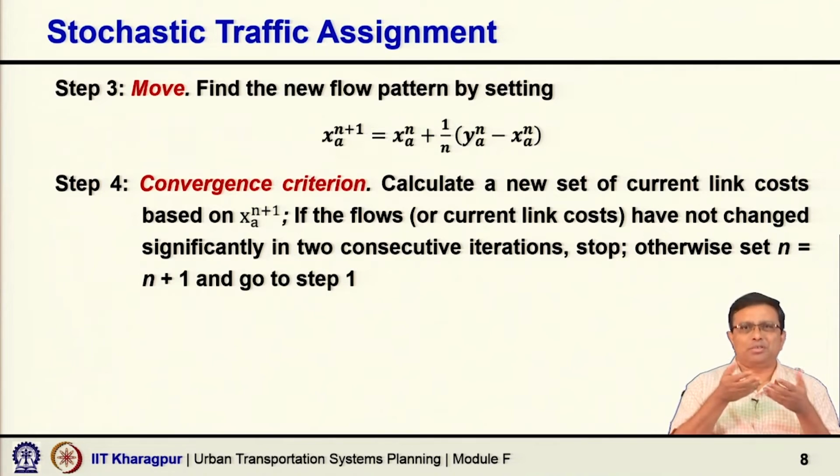So, you set a limit, what is acceptable error, and when the maximum change in the path flow is less than your permissible limit, then you say I have reached an equilibrium condition, and that is the answer. And again, under that condition also the travel time on all alternative paths are not going to be same, because it is stochastic assignment.